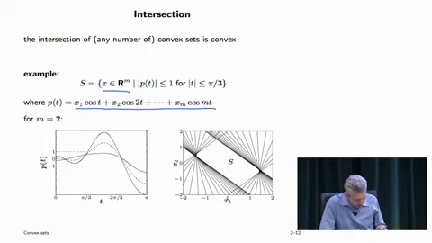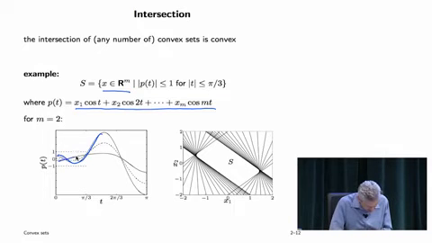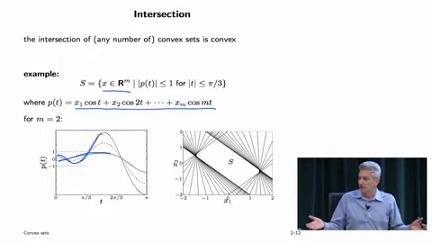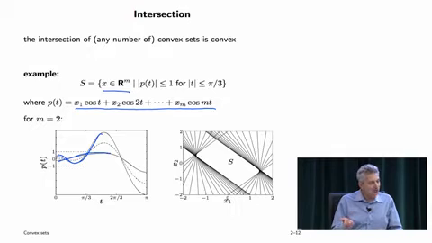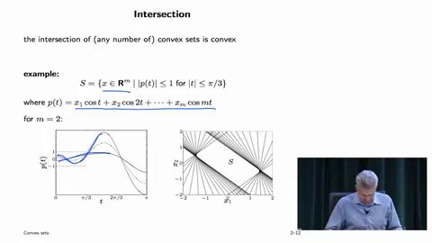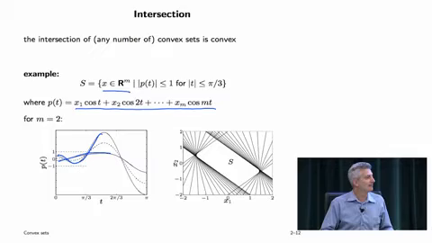If I have 2 polynomials, here's one, and here's another one, they're both in that set because on the region 0 to pi over 3, your value is between plus and minus 1. Now we form the average of the coefficients. But when we form the average of the coefficients, you're actually forming the average of the polynomial. And the average of the polynomial, indeed, is between minus 1 and 1 on that little interval. And so it's in the set. Everybody got that? That says this set S is convex.